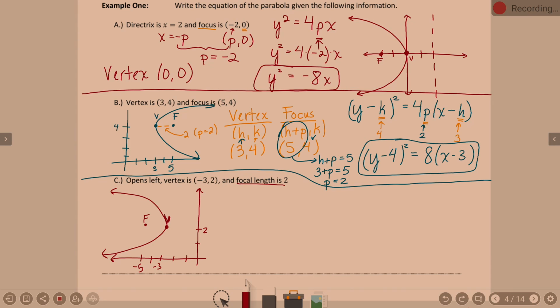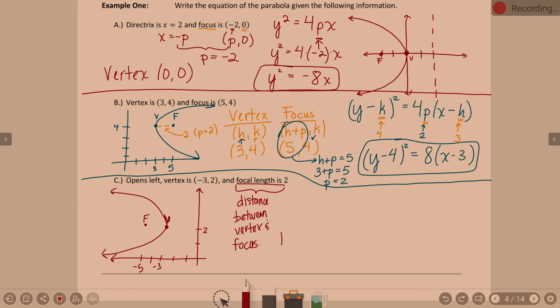If you go back and look at that very first page, it will tell you the focal length is the distance between the vertex and focus. Okay? Is that 2 actually going to be negative 2? It is. Okay, so the focal length is 2 tells me the length of P is 2, but then you still have to decide positive or negative.